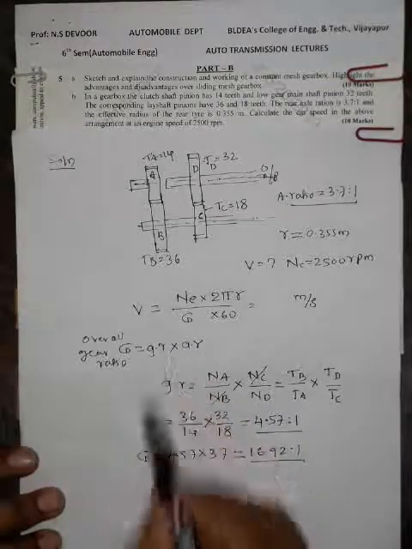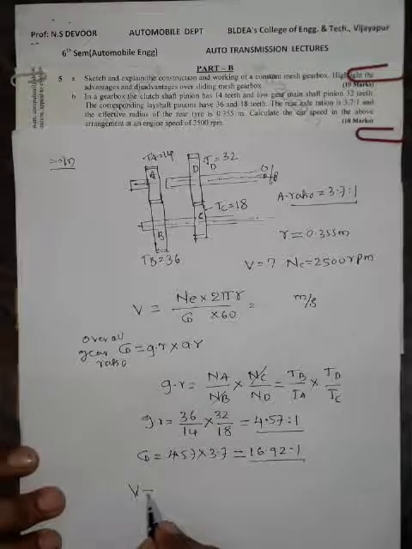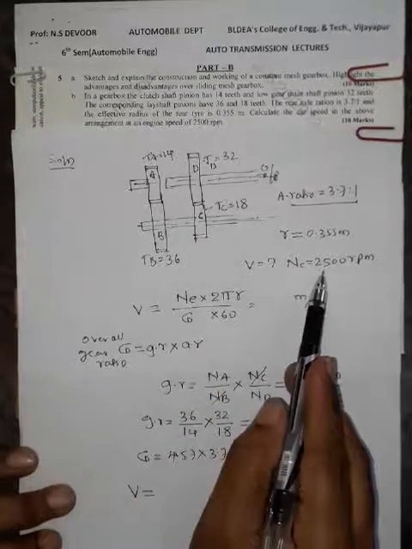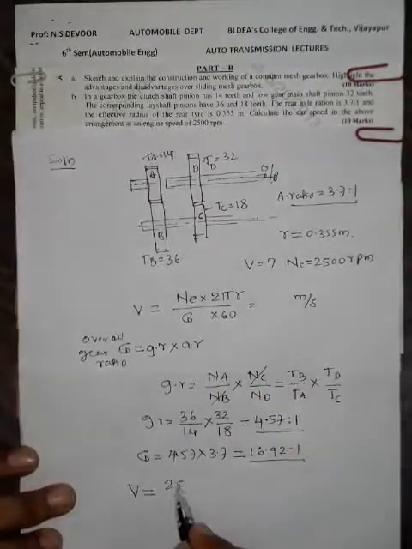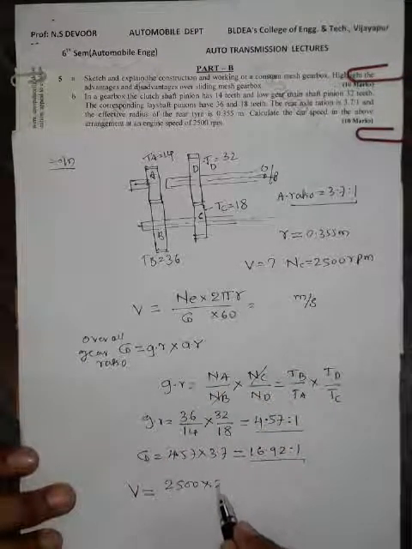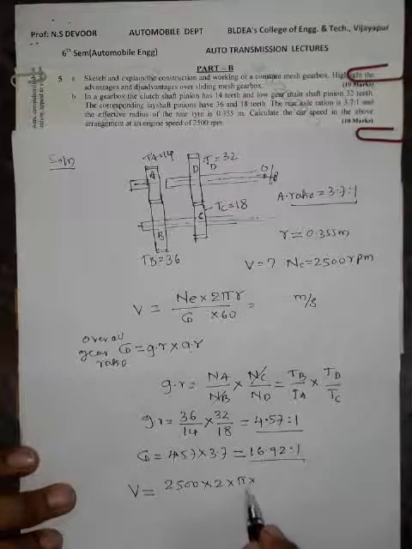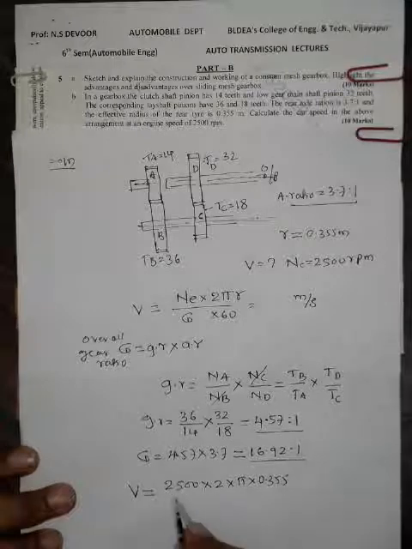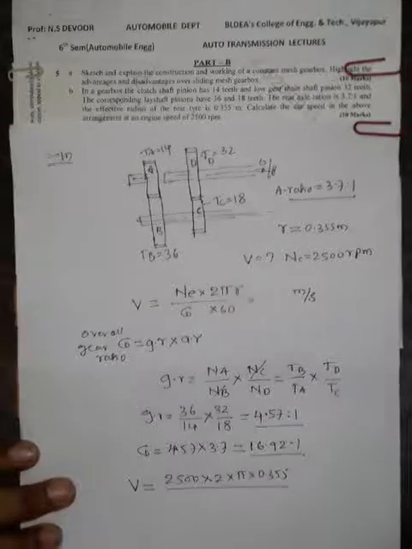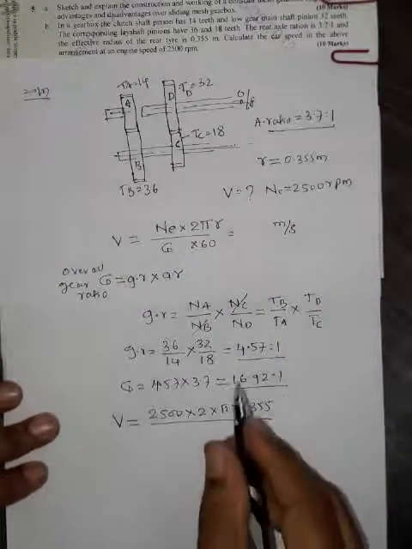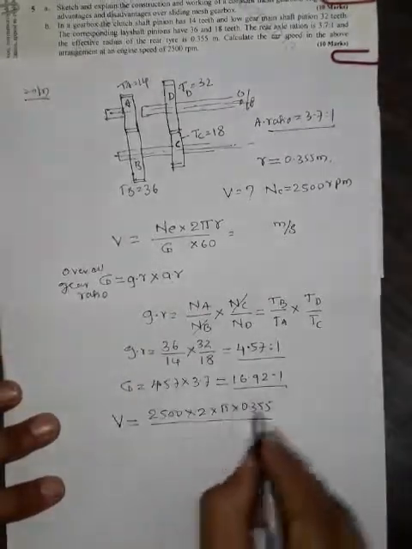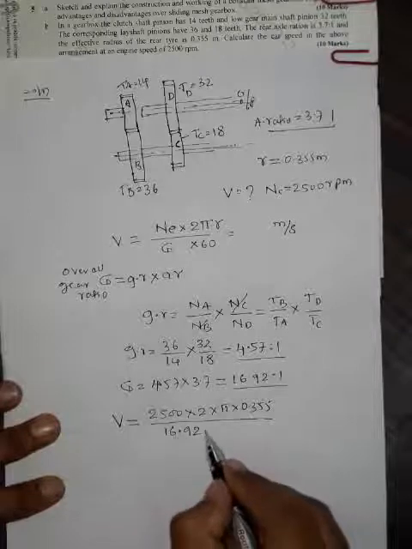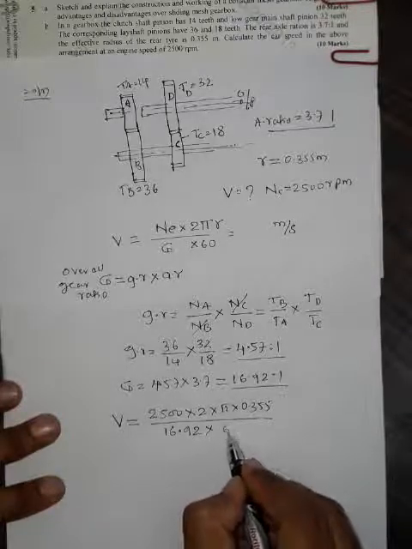Now we have the total overall gear ratio. Substitute all the values in the above equation. V is equal to NE, the engine speed, 2500, into 2π into the radius of the tire 0.355, divided by the overall gear ratio 16.92, into 60.